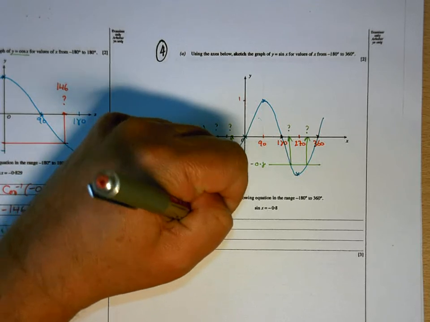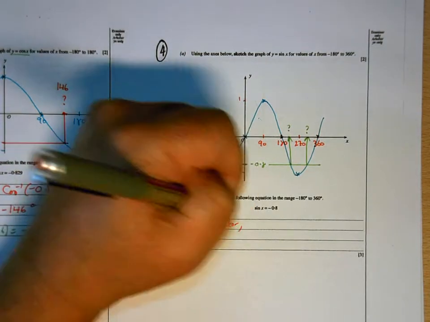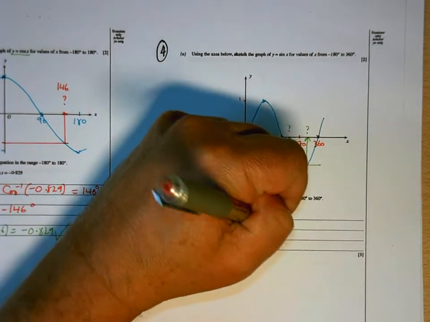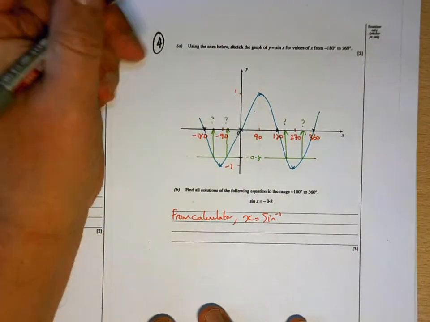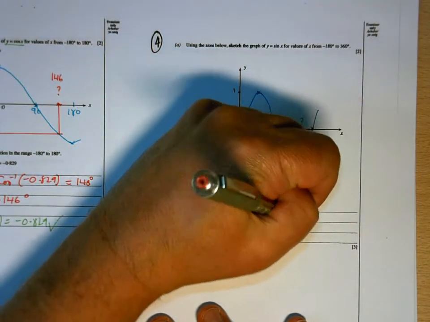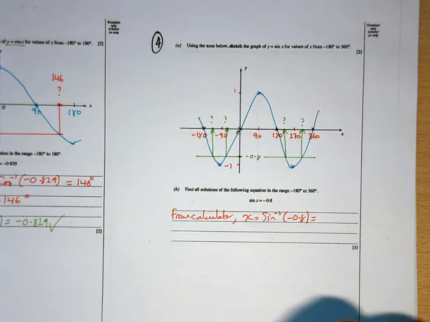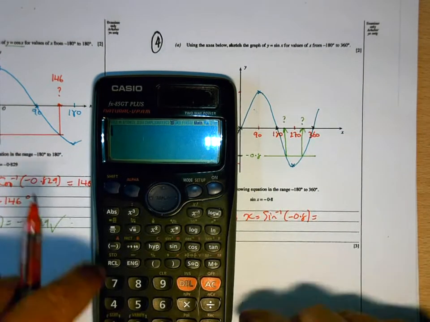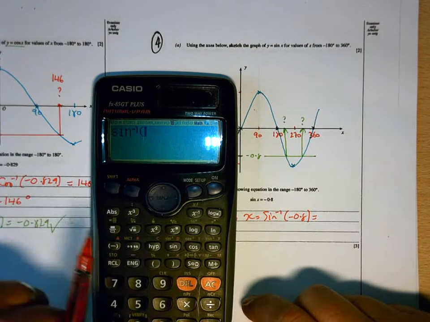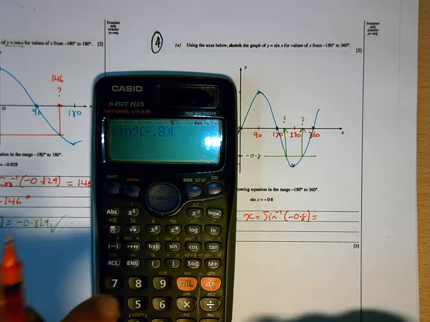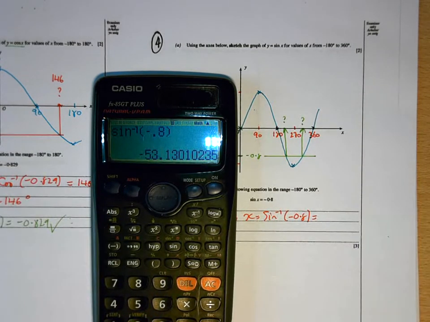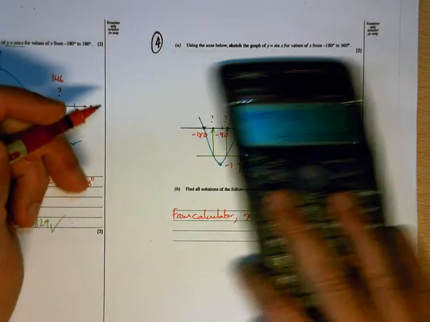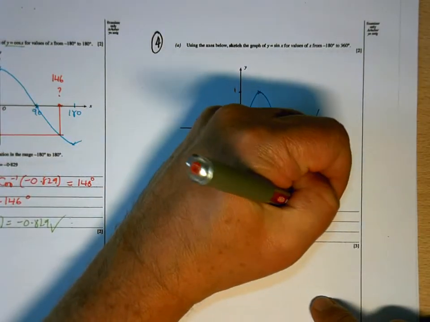So from the calculator, x is inverse sine of negative 0.8. So shift sine negative 0.8, 53 degrees, negative 53 degrees, I'm sorry.